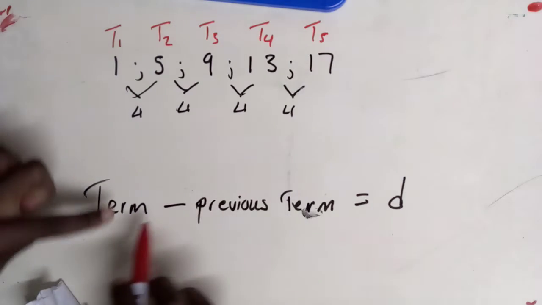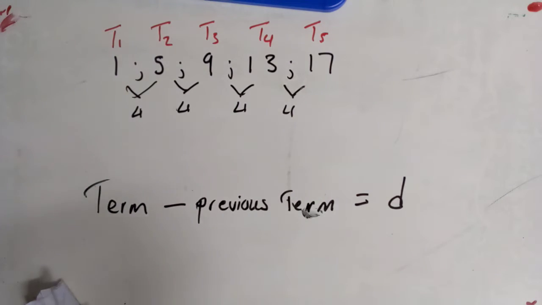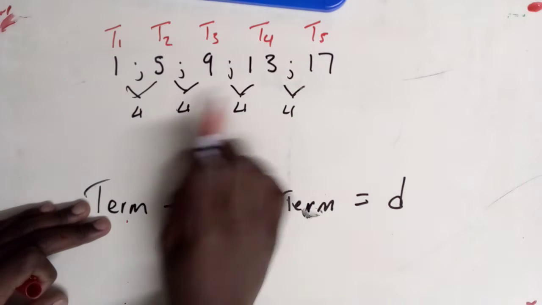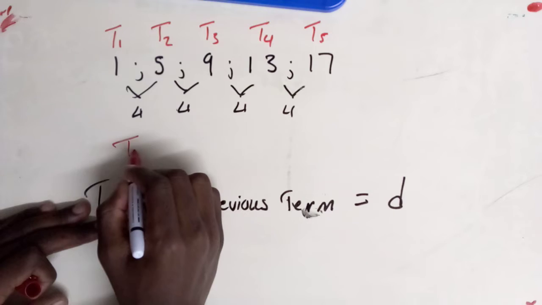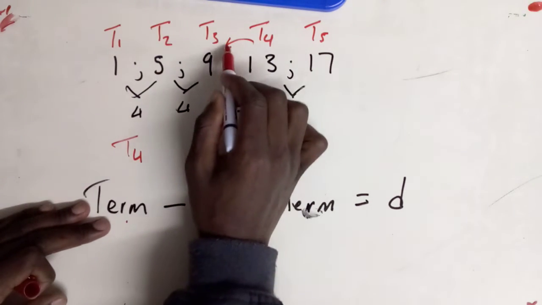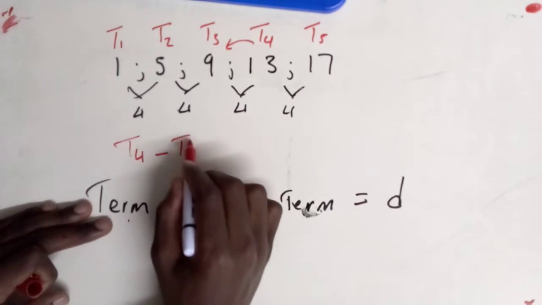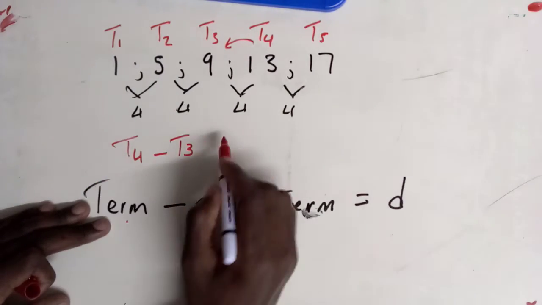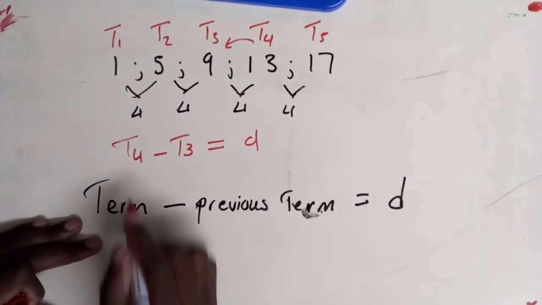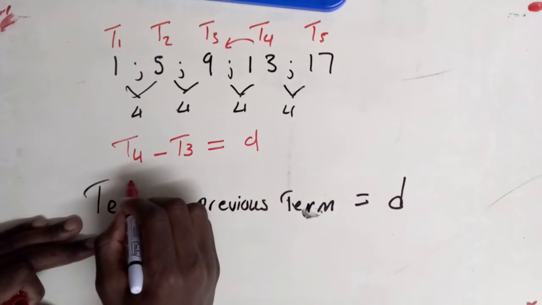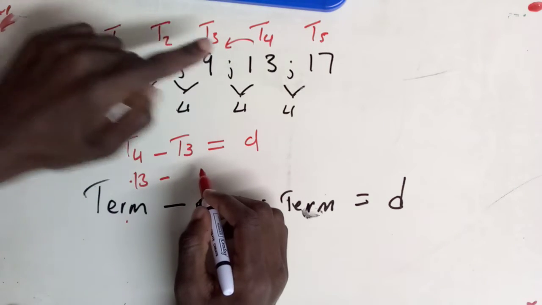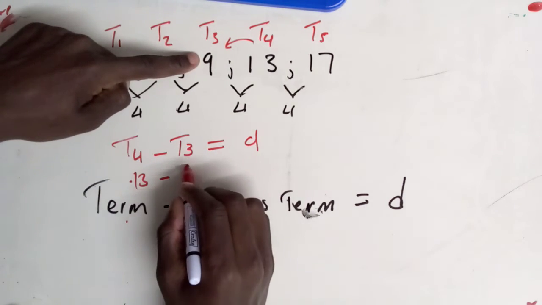Using this formula, we take a term. Let's pick any term, let's pick T4. Subtract its previous term, T3, which is the same as D. T4 is 13, T3 is 9.